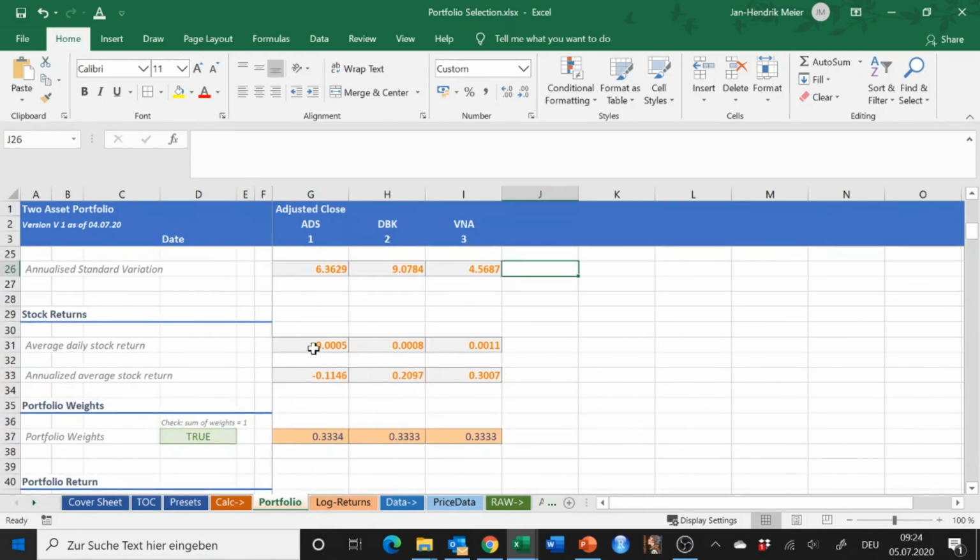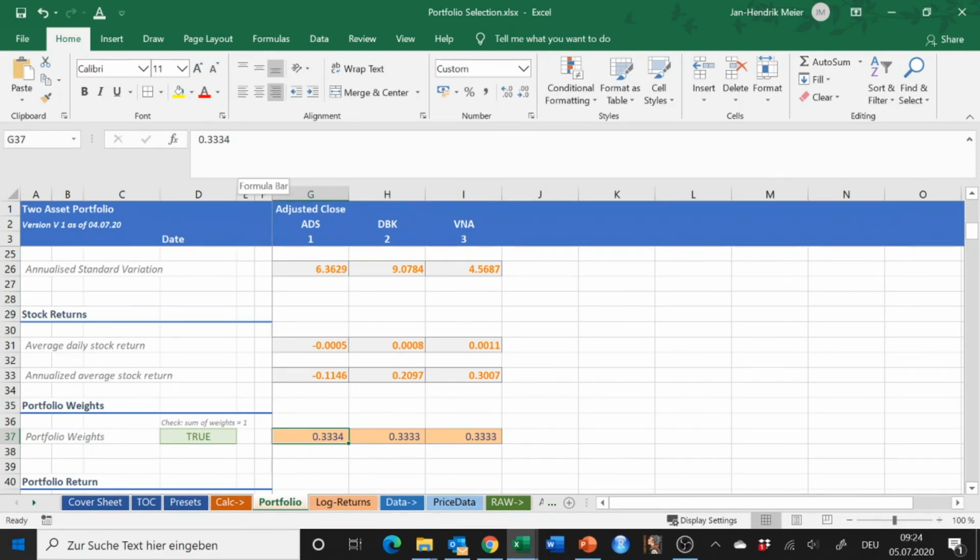Then I calculated average daily stock returns here as an average of log returns. And of course the annualized average stock returns, using the exponential formula. So it's a compounding formula that I apply here. And of course I give the whole thing the portfolio weights, and here I weigh the portfolio equally.